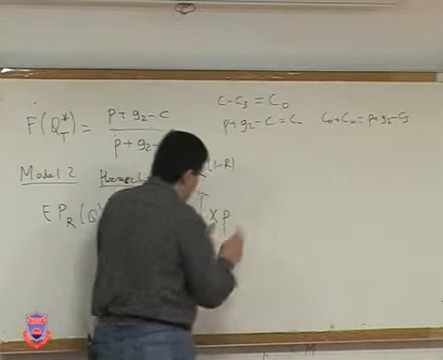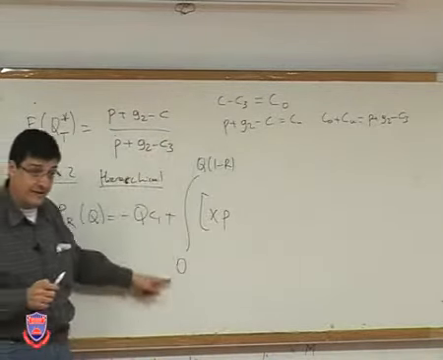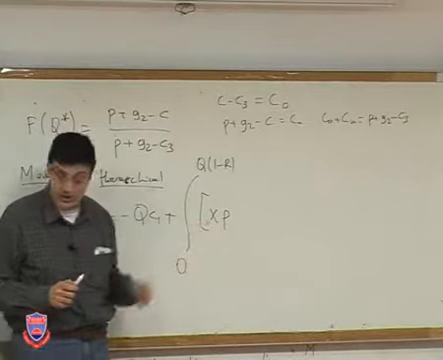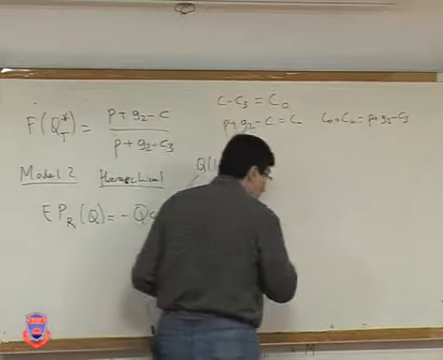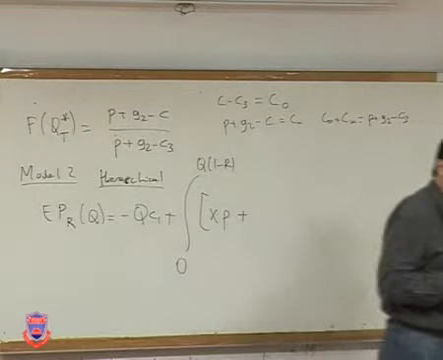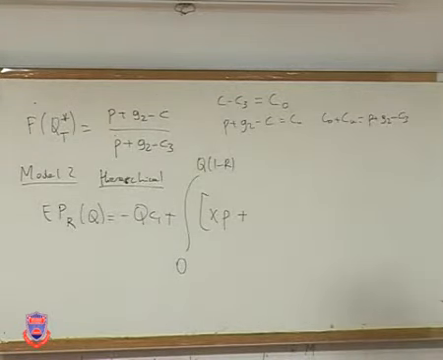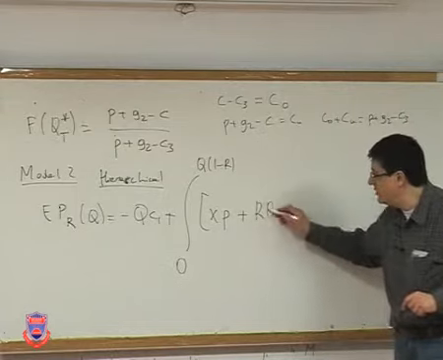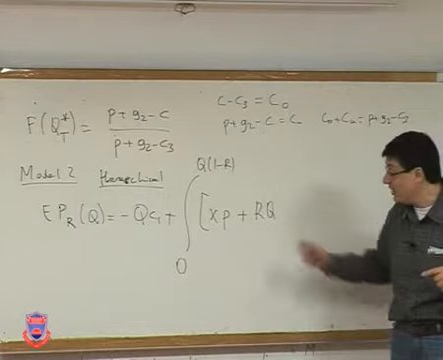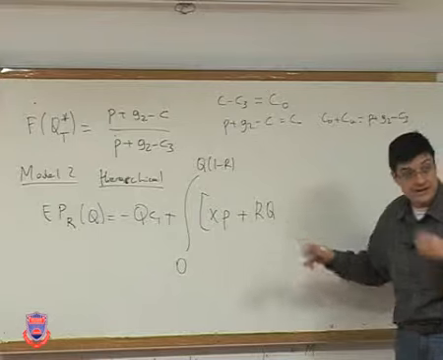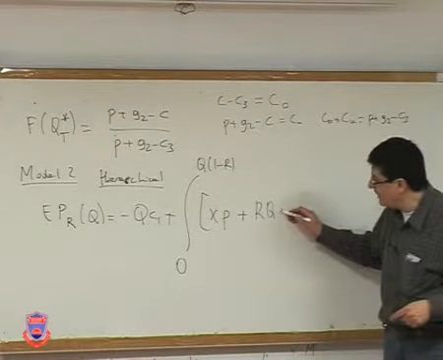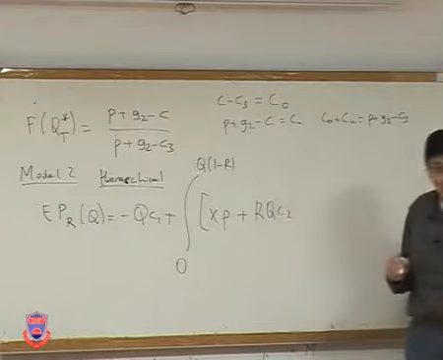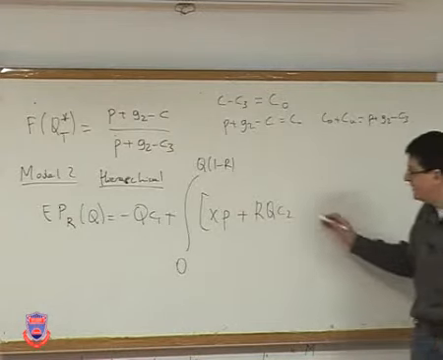Here we are going to sell X units, everything which is available. So we are going to receive X times P. And then I am going to receive credit for every item that I return. And here I can return my maximum amount, which is RQ. This is the maximum amount that I can return. And I have to multiply this with C2. I'm going to get a credit out of that.